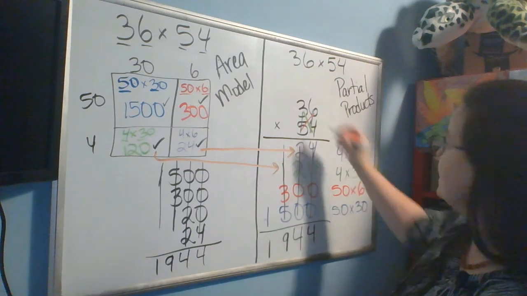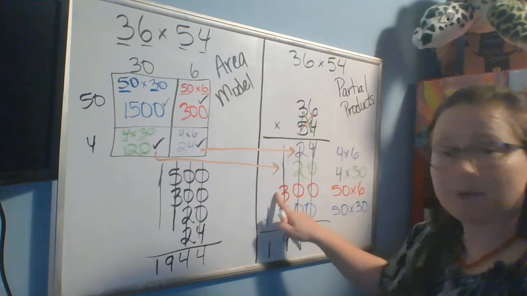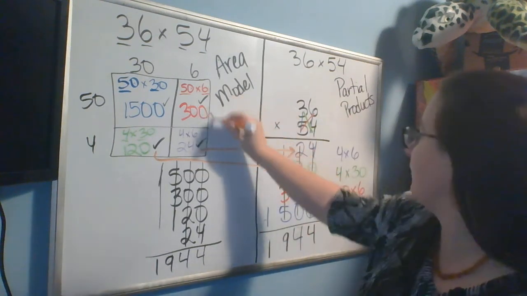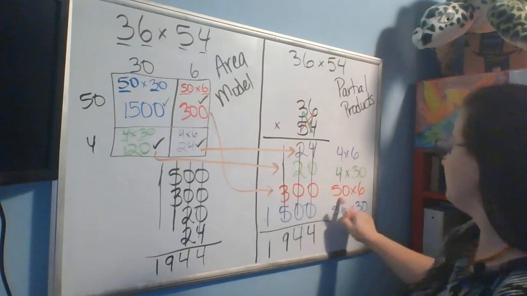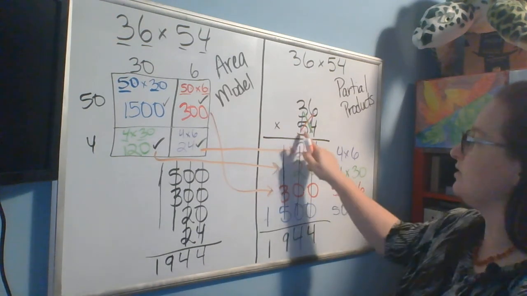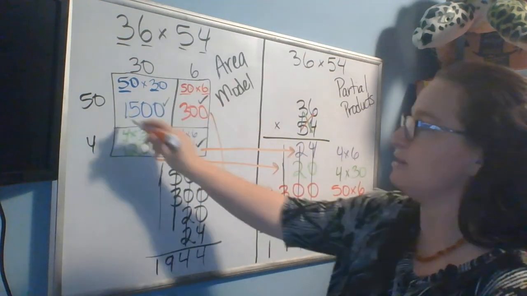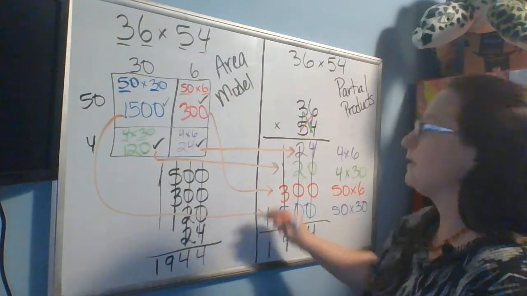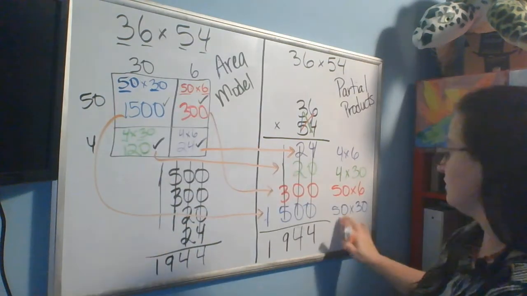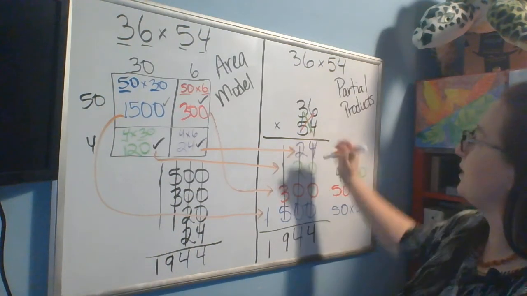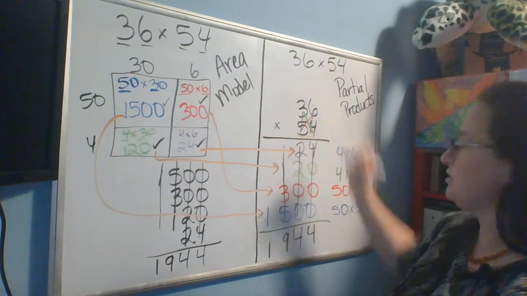I took it the next digit over. My next partial product is 300, which I got from up here, which is 50 times 6, and I did that right here, 50 times 6. And you can see my last one. I bet you already saw it coming. That was my 50 times 30 for 1,500, and I got that when I did 50 times 30.